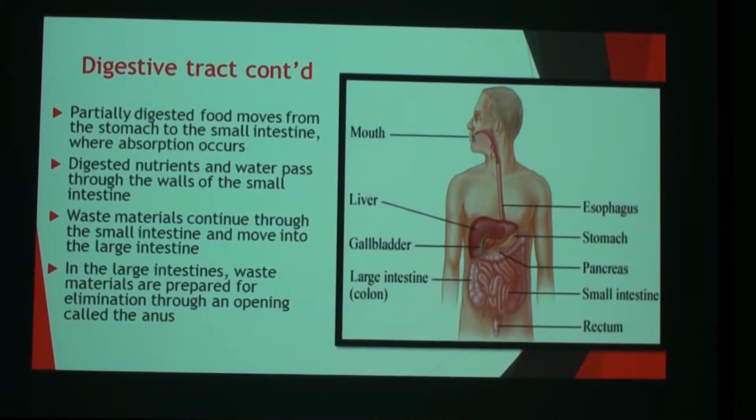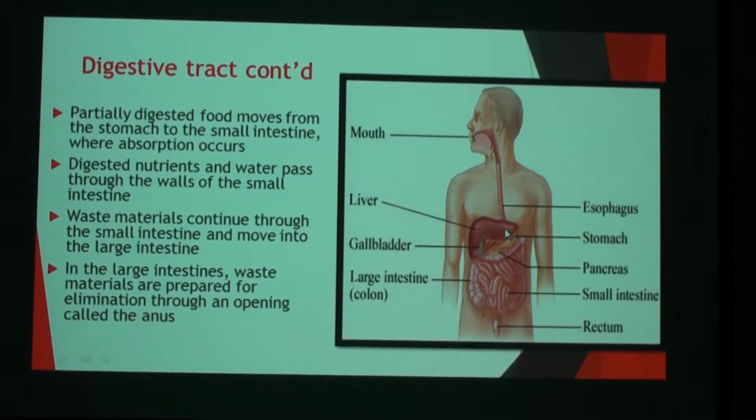From there, the food is partially digested and moves from the stomach, right here, to the small intestine, which is right here. This is where the absorption occurs. The digested nutrients and water pass through the walls of the small intestine. Then the waste materials continue through the small intestine and move to the large intestine.